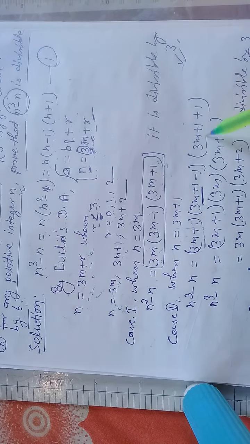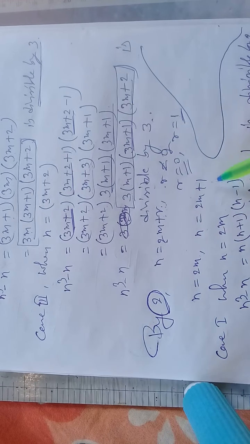Now if 2 is the divisor of n³ − n, by Euclid's division lemma n = 2m + r. It means with 2 as divisor, the value of r is 0 or 1. When r = 0, n = 2m. When r = 1, n = 2m + 1.